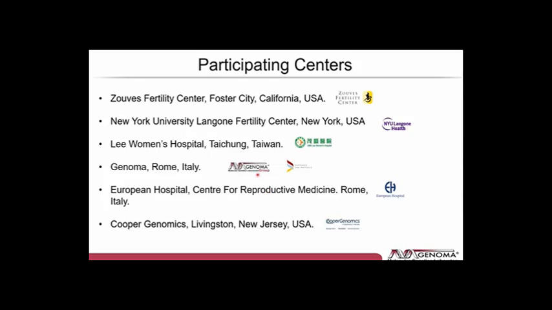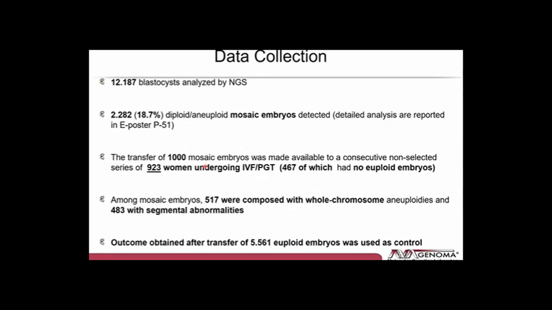There were seven participants in the study: IVF clinics and a genomic laboratory. We obtained more than 12,000 blastocysts that were analyzed by NGS. About 2,000 were mosaic, and the detailed analysis of these mosaic embryos is reported in the e-poster P51. I invite you to have a look.